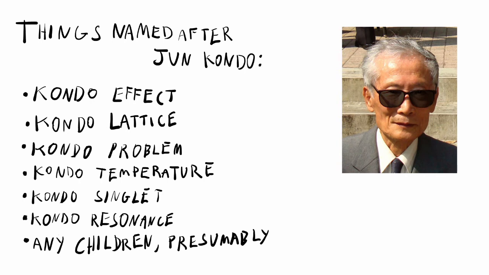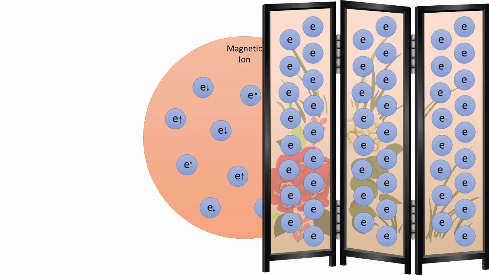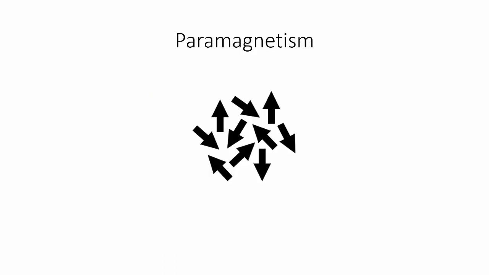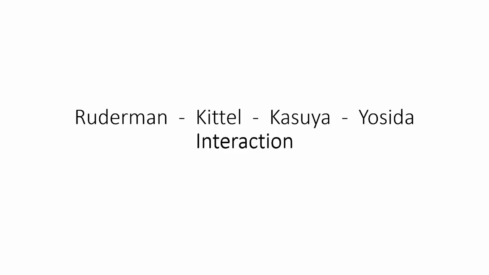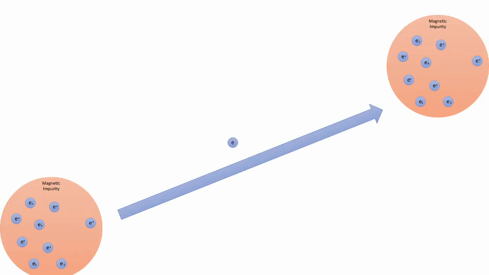The Kondo effect produces screened ions which appear to lack spin, allowing the impurities to act without any magnetic order, or paramagnetically. This is contrasted with the competing Ruderman-Kittel-Kasuya-Yosida interaction, or the RKKY interaction. This interaction is caused by conduction electrons moving between impurities before they've been screened.